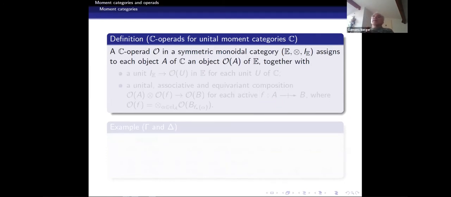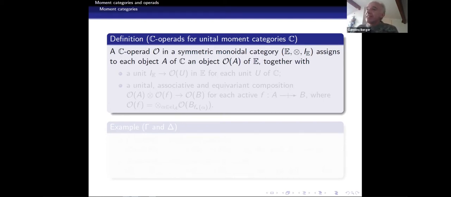Now, what is a C operad for a unital moment category C? I will explain in a second what the term unital means. It means that you have enough units to some extent. So how do you define abstractly the operad associated to a moment category? You have to decide in which category your operad takes values.